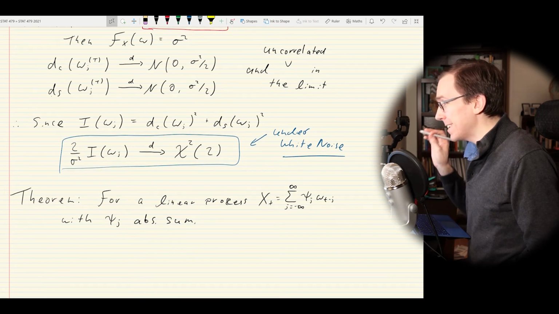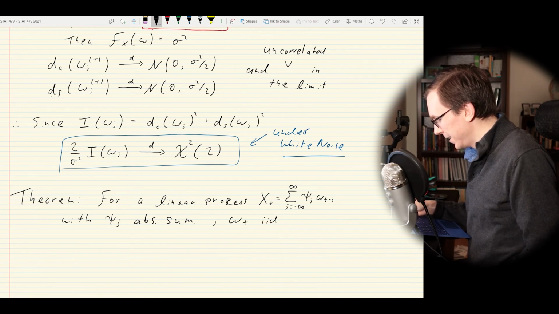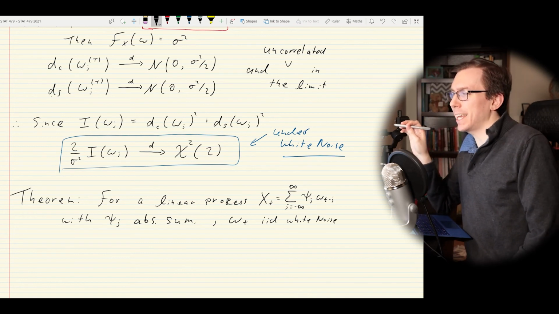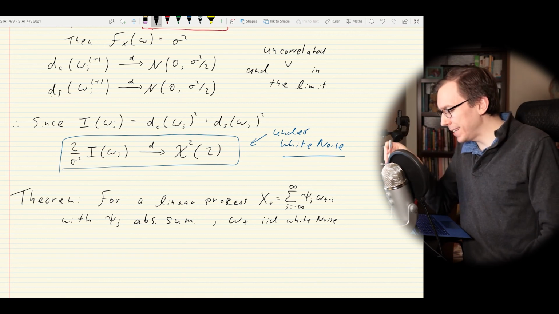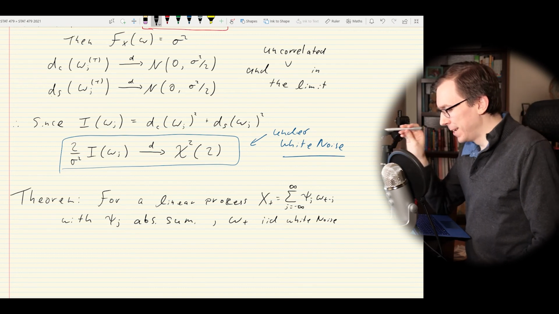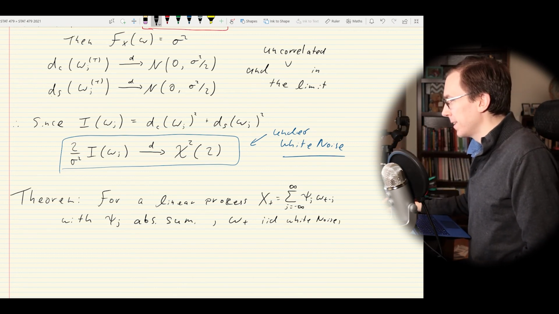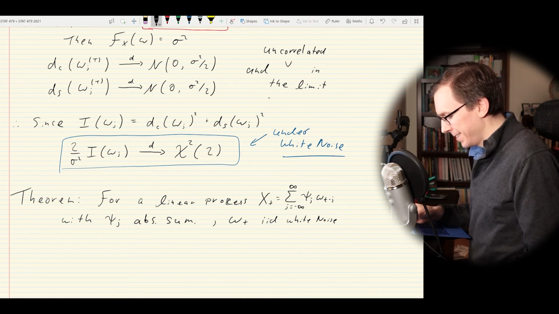We need, in this case, w_t IID white noise. Not necessarily Gaussian in this case, because by the central limit theorem, we don't need Gaussian white noise to get this convergence in distribution. But we will need IID noise.